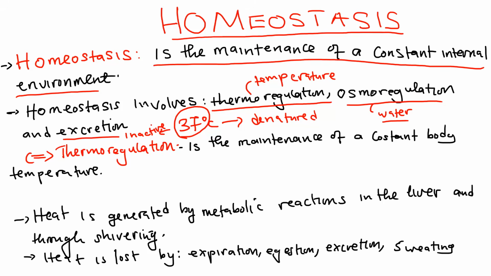Now, the other question we need to answer here is how the body heat is generated. The heat is generated by the metabolic reactions that occur in the liver and also the muscles. It can be through shivering or exercising.